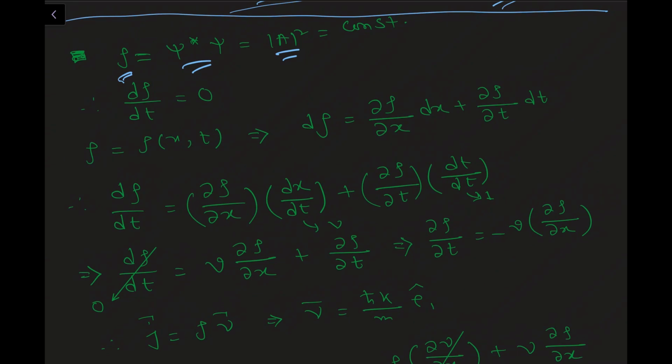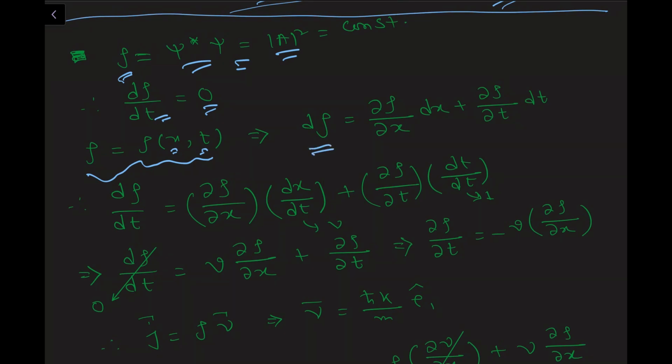We are facing one problem here: our rho is a constant, so del rho del t is 0. To tackle that problem, we approach it from another aspect. In general, rho is a function of position and time.